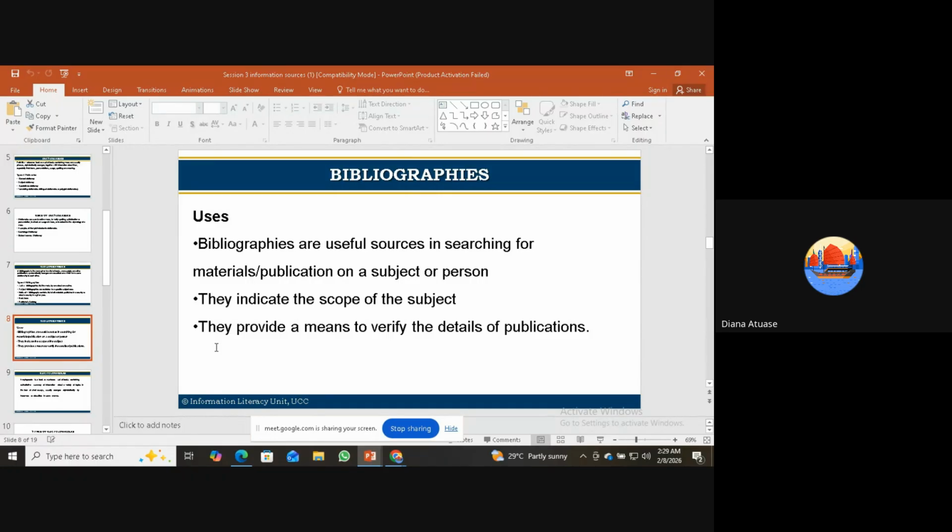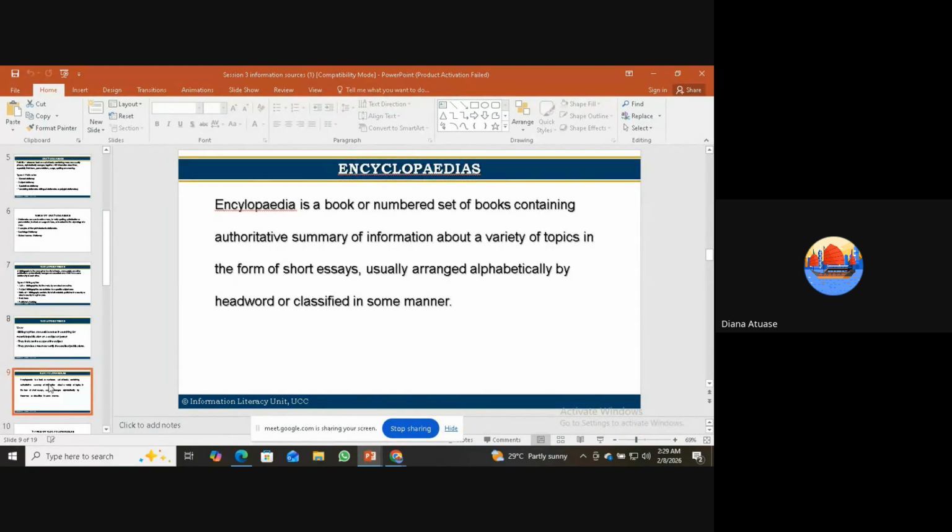It also helps you to know the scope of the works done in a particular subject area. And they also provide a means to verify the details of publications, so you are able to get the information and look for detailed information on the main subject areas or the main publication.